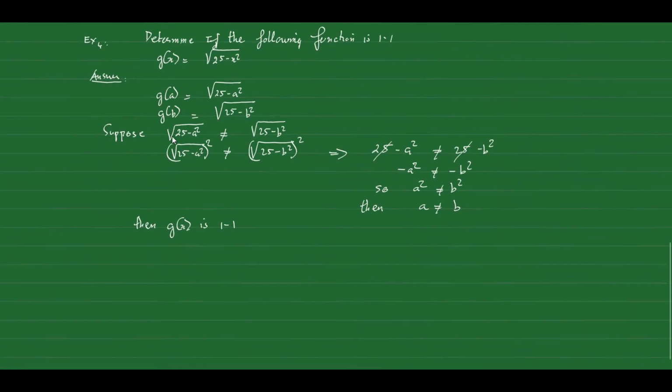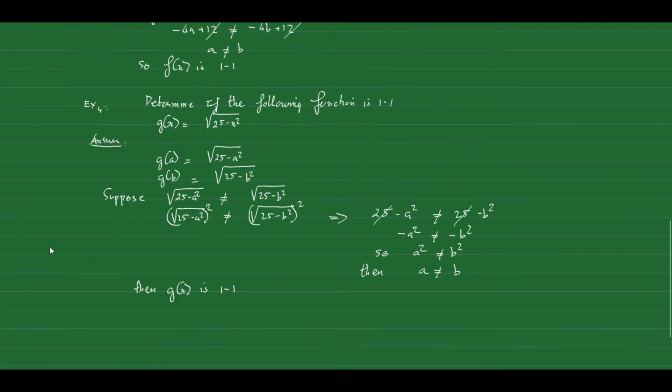Well, if they give you the algebraic function, that's how we check. But what if they give you the graph? How do we know that this is a 1-to-1 function? It's very easy. We apply a test called the horizontal line test.